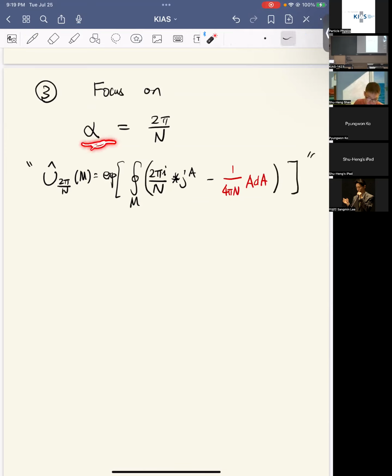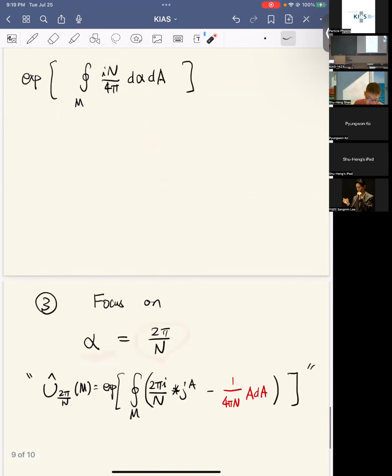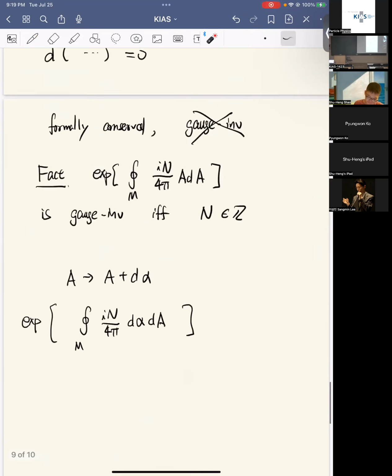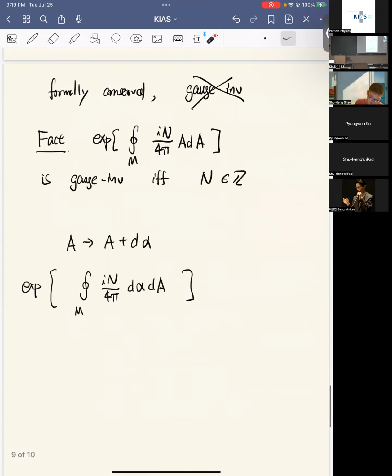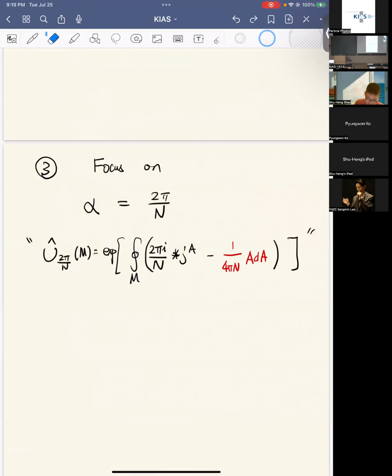I just substituted alpha equals 2 pi over n into this expression. I still put that in quotation marks because this is still not gauge invariant. You see, the Chern-Simons term, the red term that's causing us problems, is still not properly quantized. The integer n is in the denominator rather than the numerator. So we didn't solve the problem.